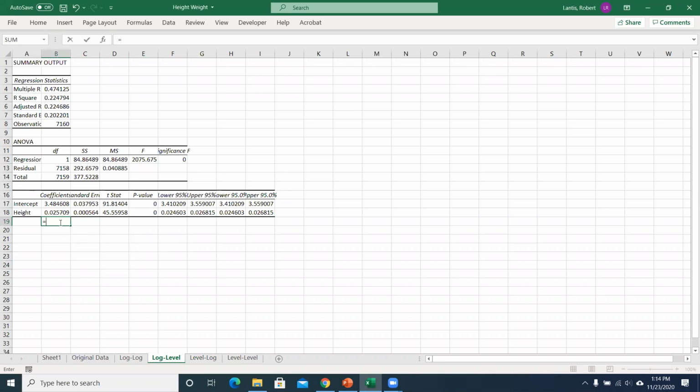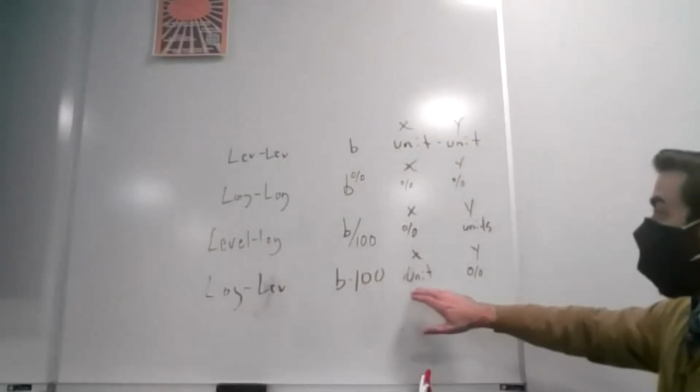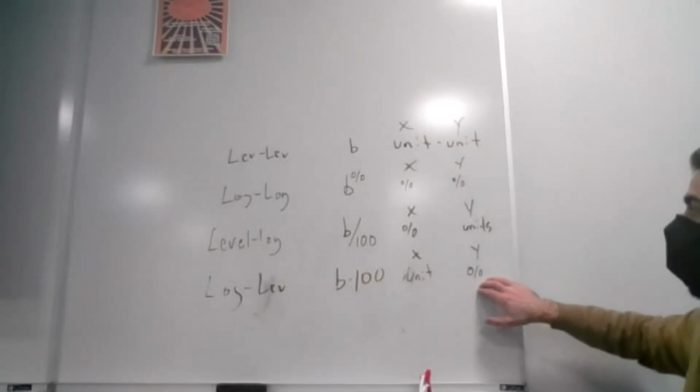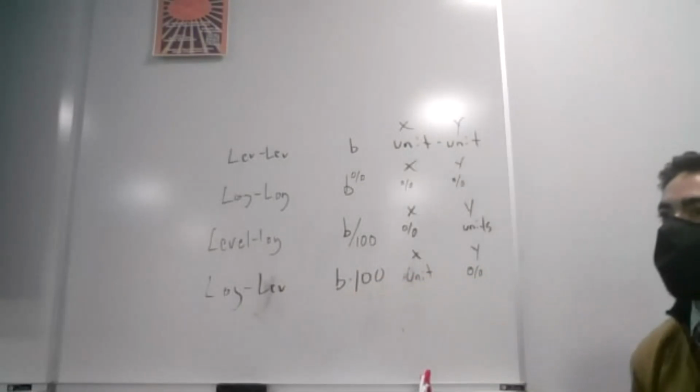So a 1 unit change in height, 1 inch taller, would predict weight would go up by 2.5%. That was where we said in a log-level model, a 1 unit change in X causes Y to go up by B times 100%.